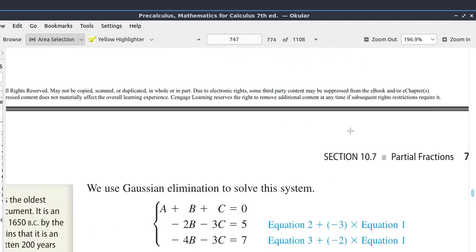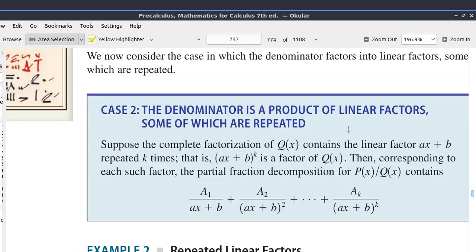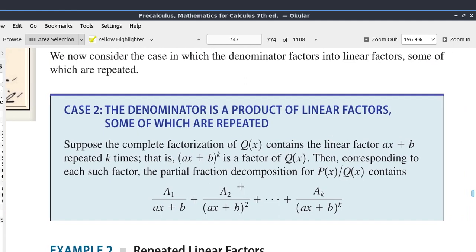Now, let's look at case 2. Case 2 is when you have repeated linear factors. It says the denominator is a product of linear factors, some of which are repeated. Alright?